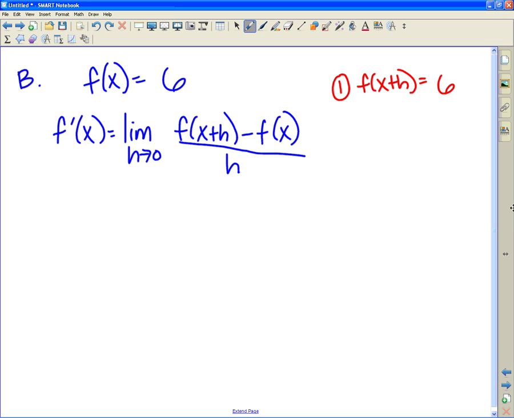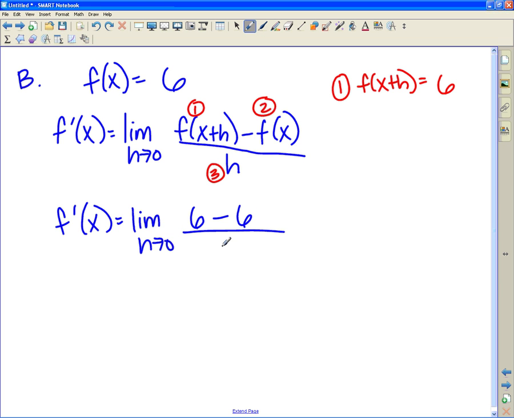So what you get for a derivative, this is step 1. Sorry, I kind of forgot my steps. I know some of you really like that. Step 1 is 6 minus, what's f of x? 6, all over h.